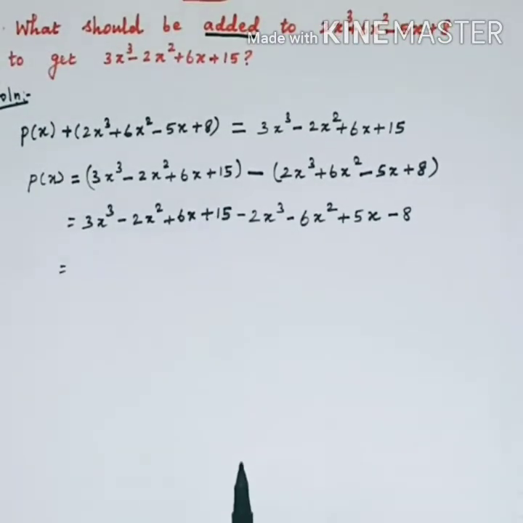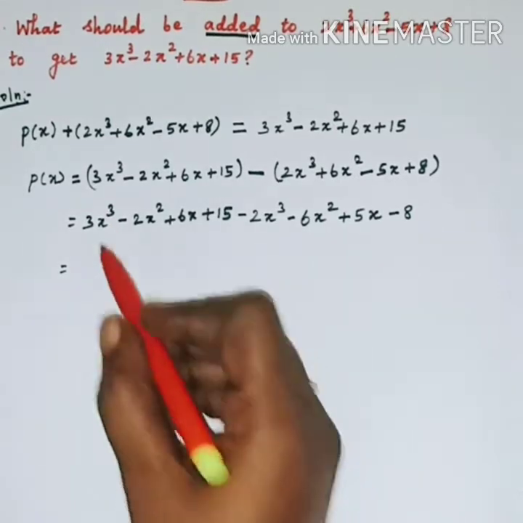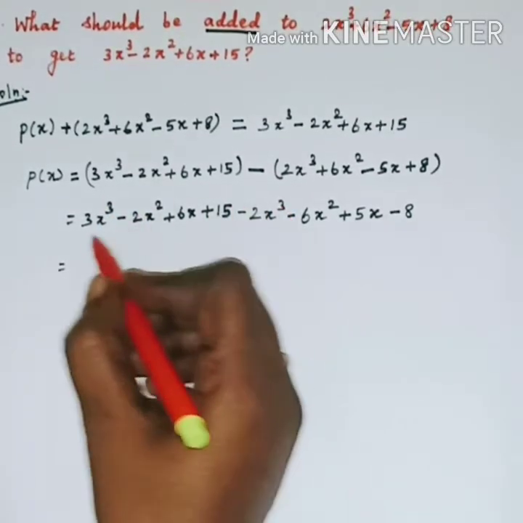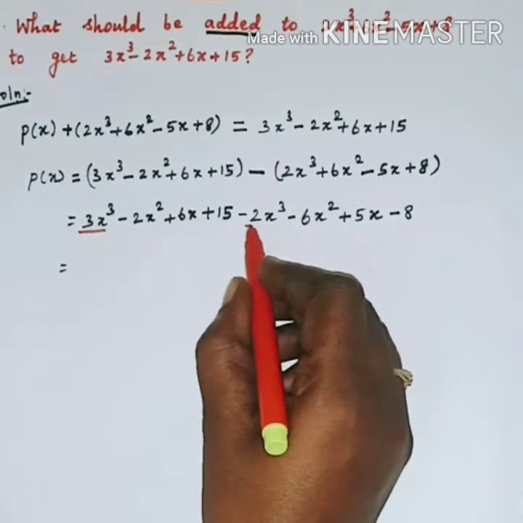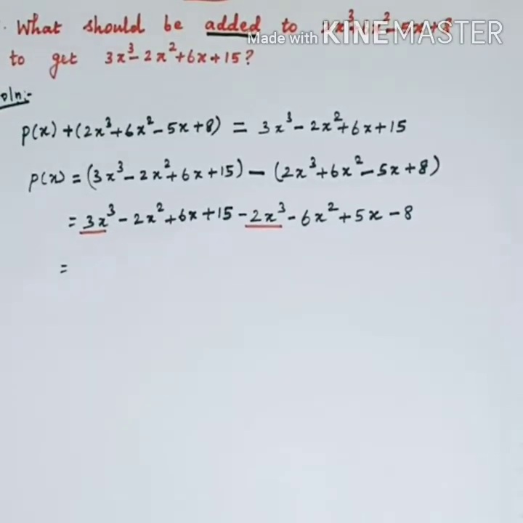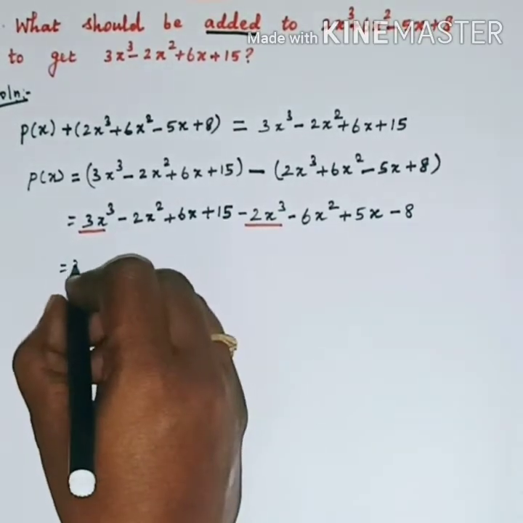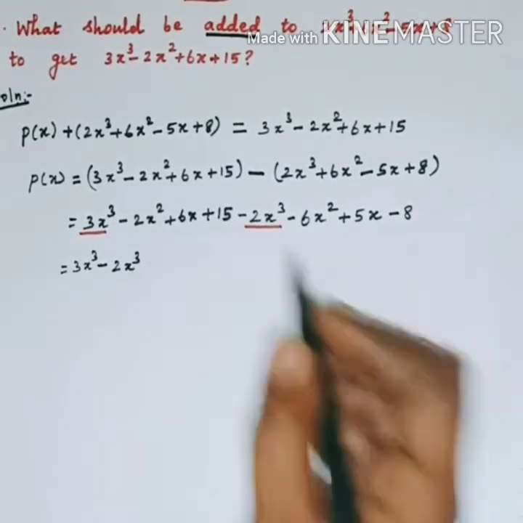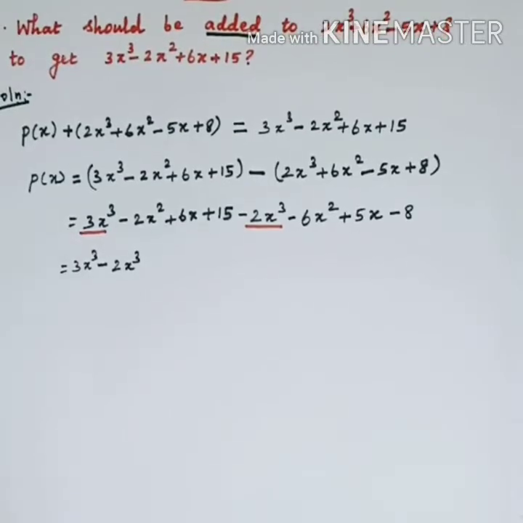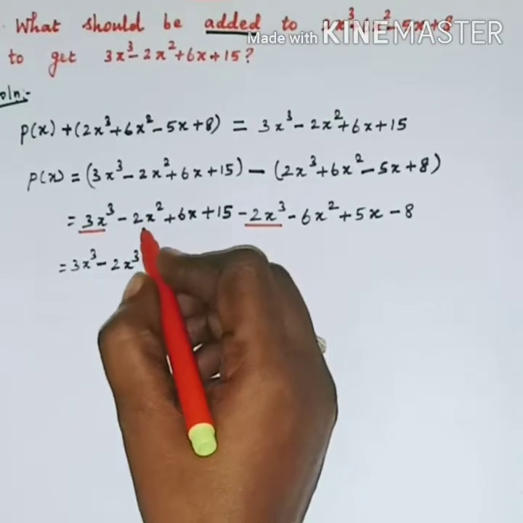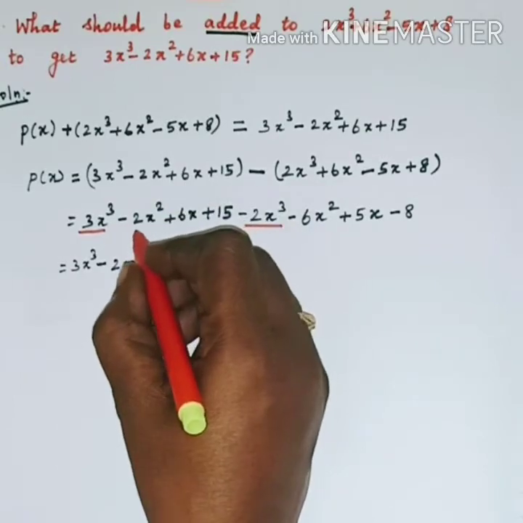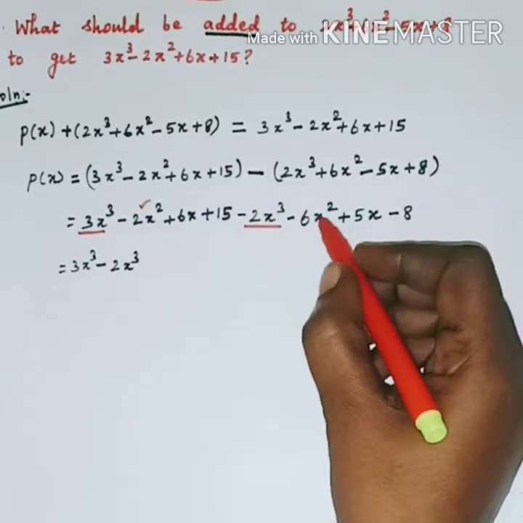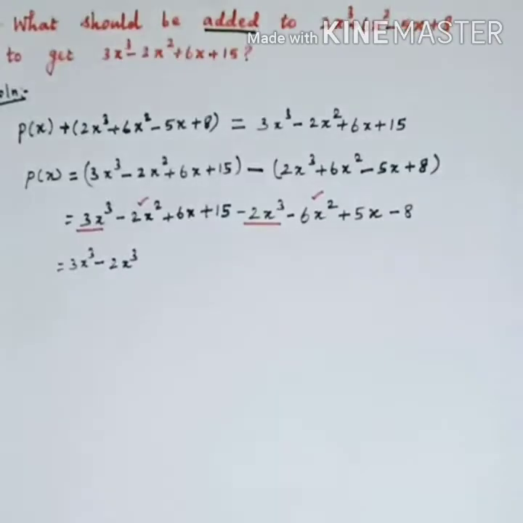Now we have to combine the like terms together. So what are the like terms we have? The x cube terms: 3x cube and minus 2x cube. These two are like terms. Then the x square terms: minus 2x square and minus 6x square. These two are like terms.